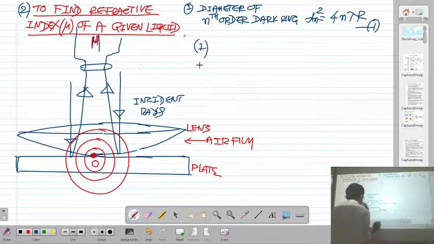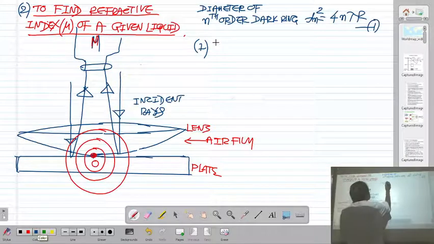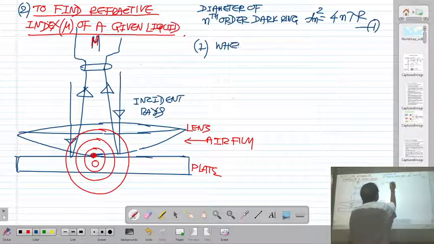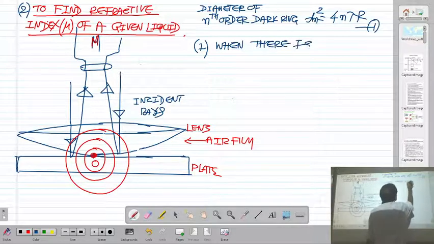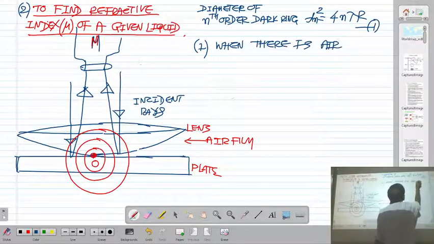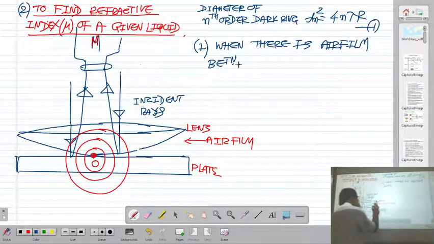There are two steps in this theory. Step number 1, when there is an air film between lens and plate.